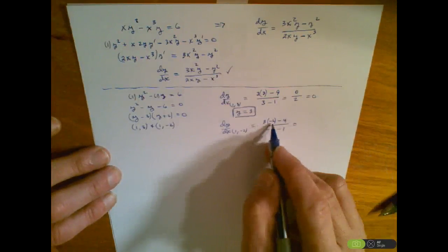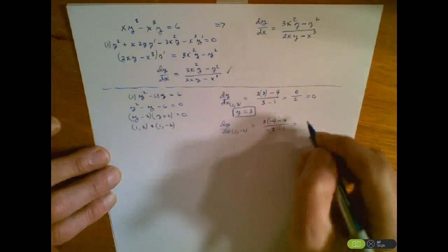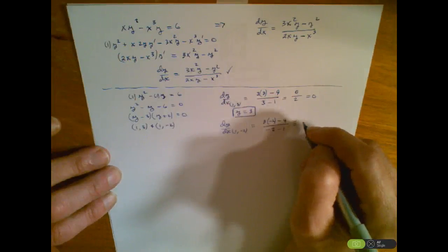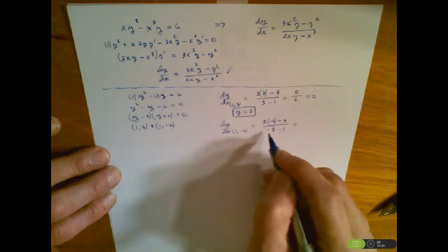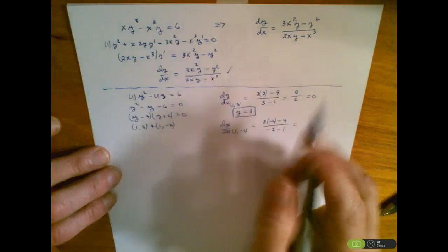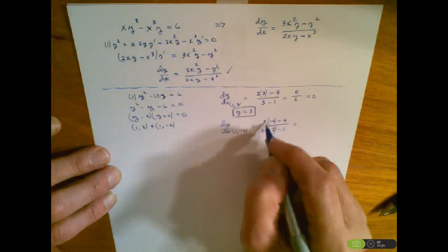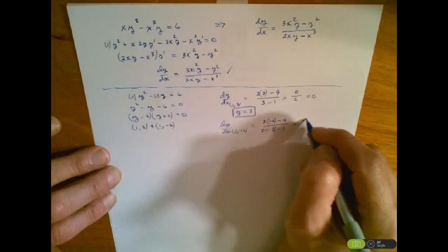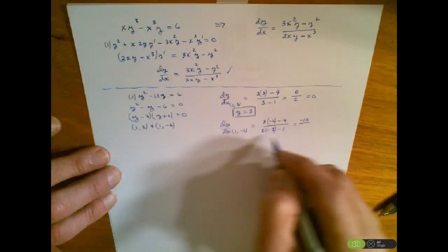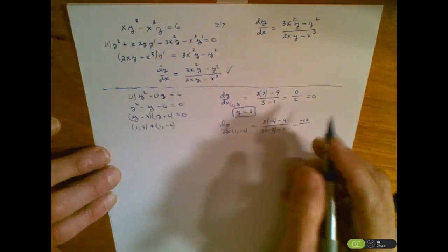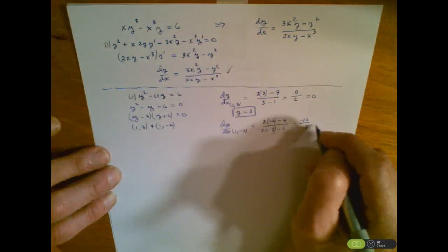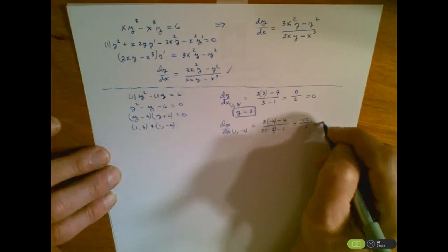I'm sorry, I forgot a 2 here: 2 times 1 is 2, times negative 2. There's a 2 here in the denominator. So we have negative 10 in the numerator, and in the denominator we have negative 4 minus 1, which is negative 5, leaving us with a slope of 2.